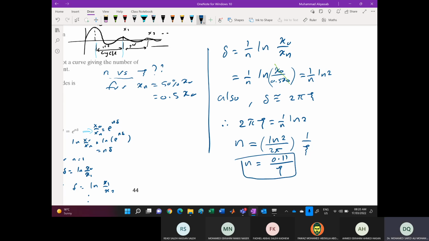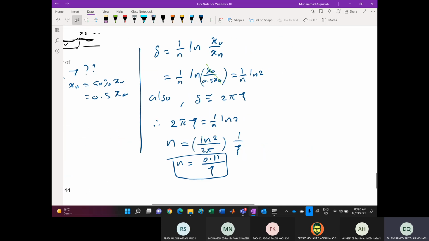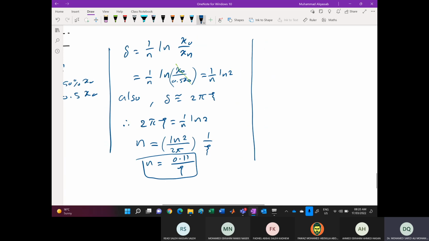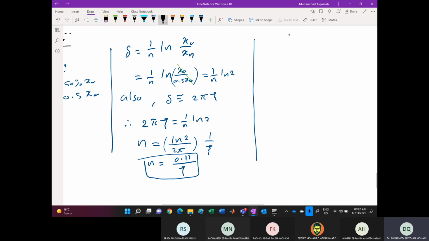Okay, so this is the equation, and the plot, of course, is that when zeta equals 0, which is undamped, how many cycles are required to reduce to 50%? Infinity, which makes sense, as this is not valid, right? So this will be no reduction. So the plot of n versus zeta will come from infinity and become asymptotic to zeta.